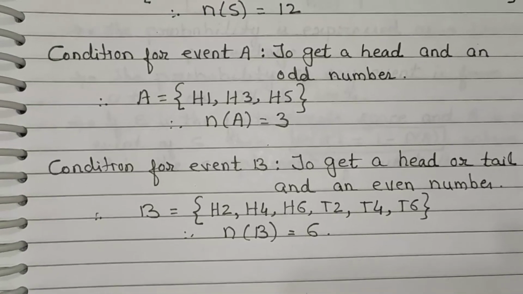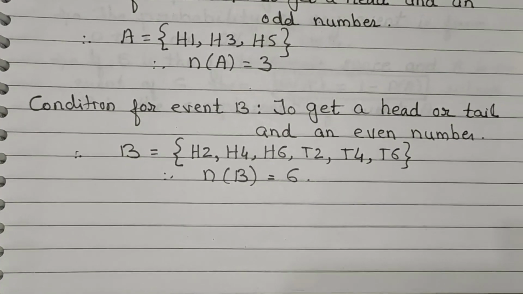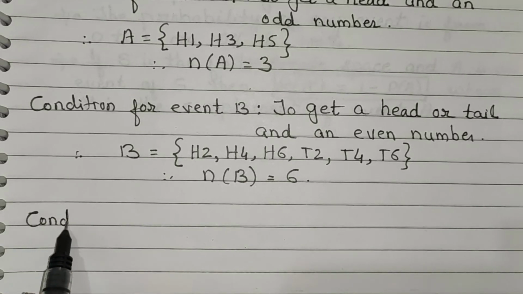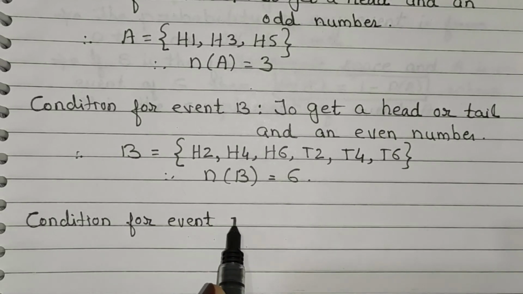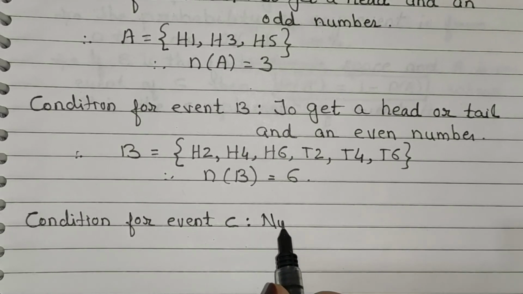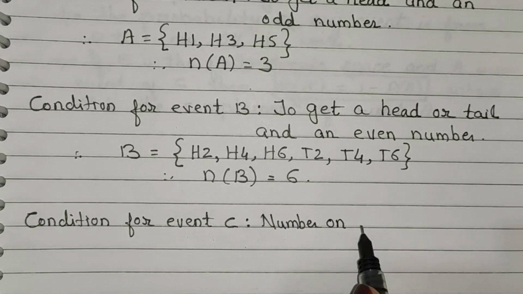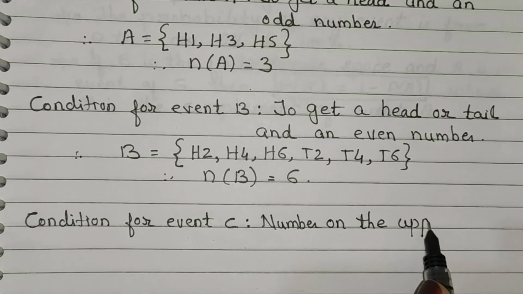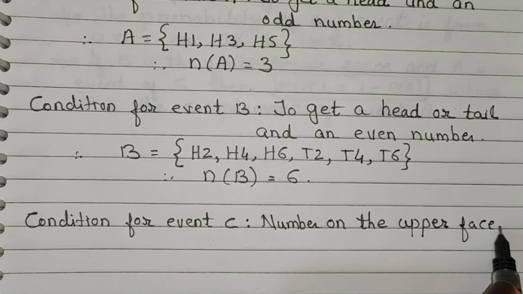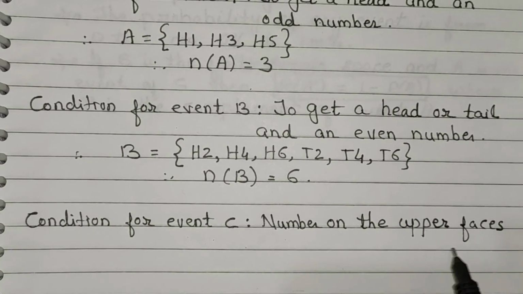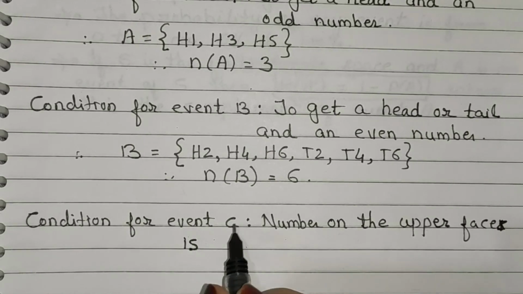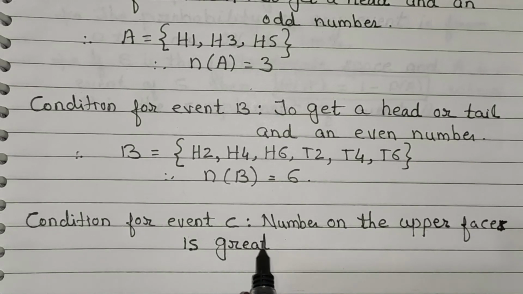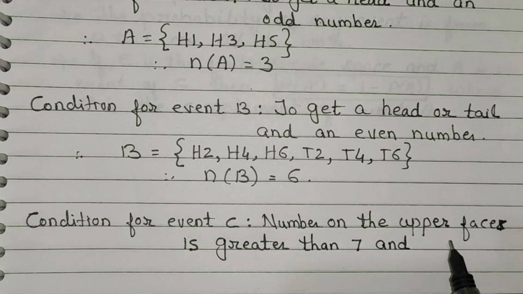Now write down here condition for event C. Number on the upper face is greater than 7 and tail on the coin.